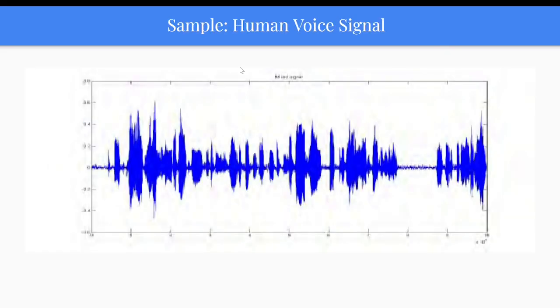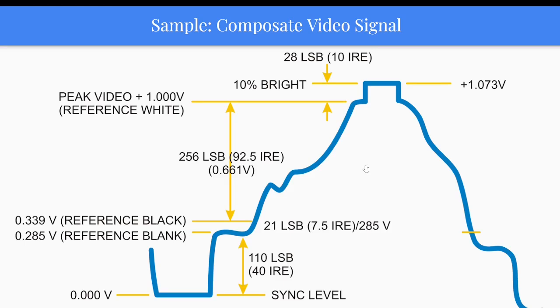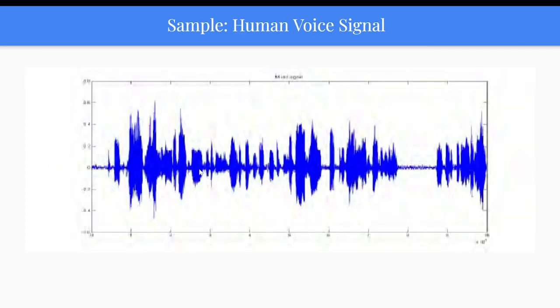Okay, that was a pretty harmonic signal, like an AC signal you get in your home. But this is another example, a human voice signal. As you can see here, there are many frequencies present in this human voice signal, and the maximum frequency in human voice is 20 kilohertz.